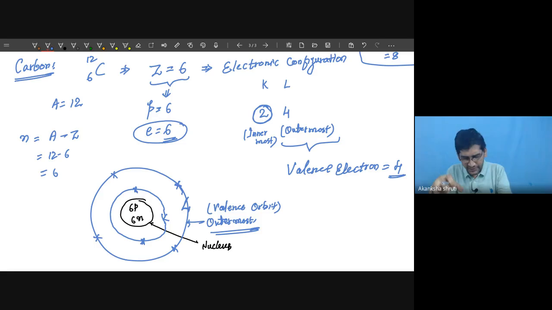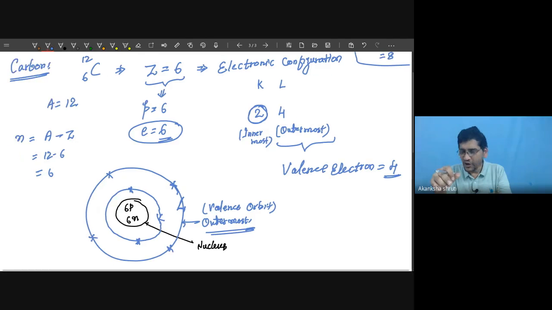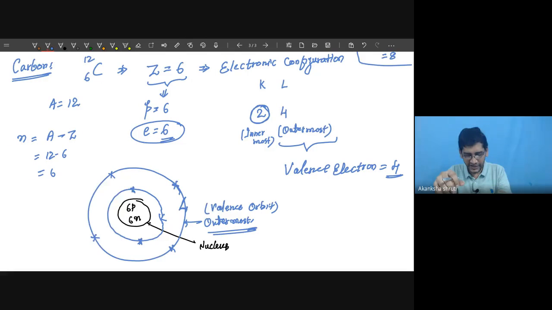If 8 electrons are present in the outermost orbit, that atom will be stable. If 8 electrons are not there, then it has the tendency to gain that 8 either by losing or gaining electrons, that we have learned in our previous chapter. That kind of valency is called electrovalency.